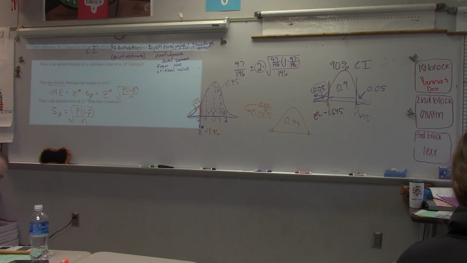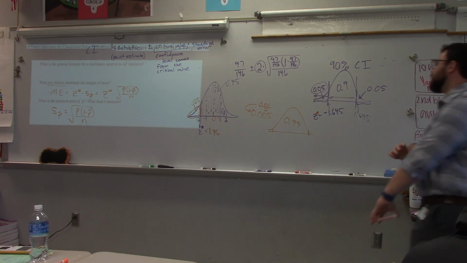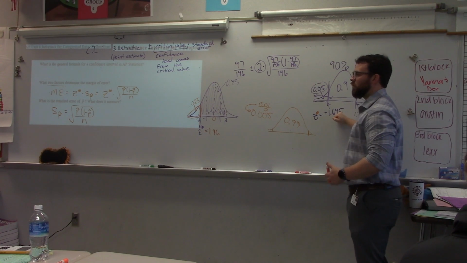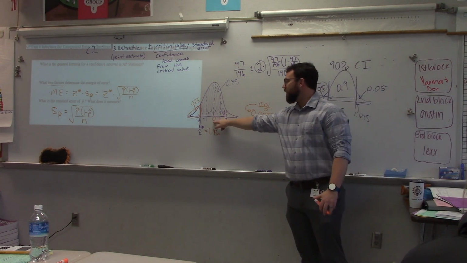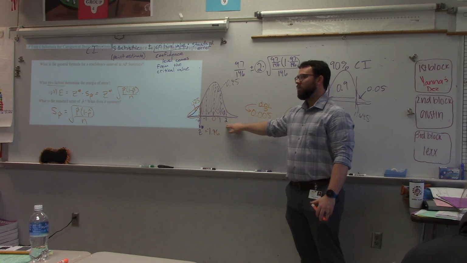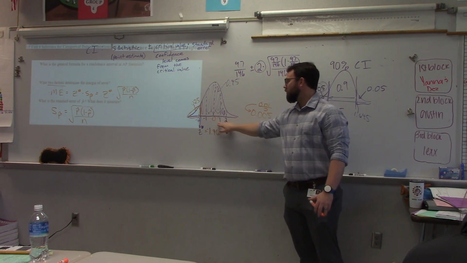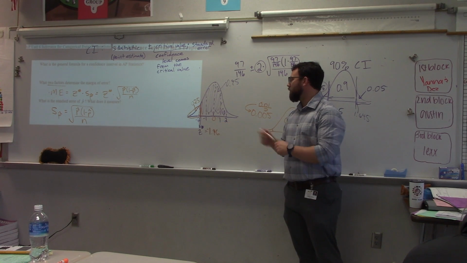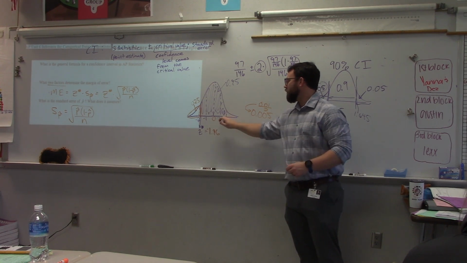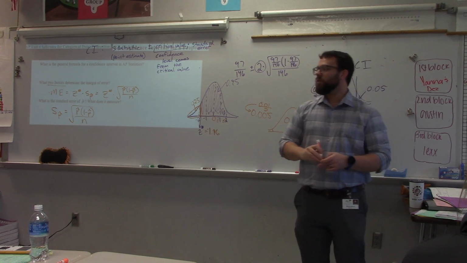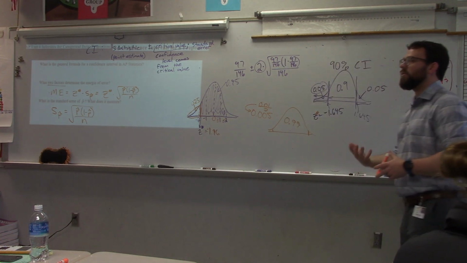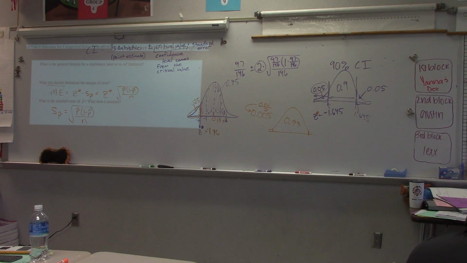But just remember that critical value is from the standard normal curve. And look, when we have a standard normal curve, each of these values is a z. Z equals 0, z equals 1, z equals 2. So we use z star for a critical value from the standard normal curve.